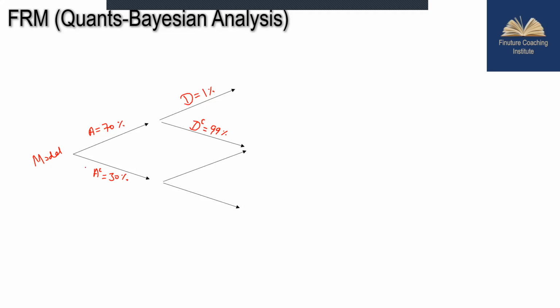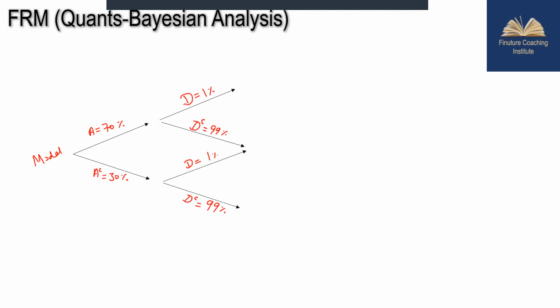Similarly, if the model is not accurate and you end up getting default, again say 1%. There is a tweak, I will discuss it in the next few steps. And likewise, if the model is not accurate, again, you end up surviving.